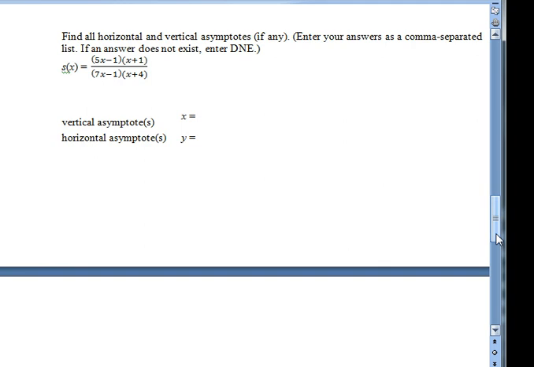In the next example, we have the product of 5x minus 1 and x plus 1 in the numerator, and 7x minus 1 times x plus 4 in the denominator.